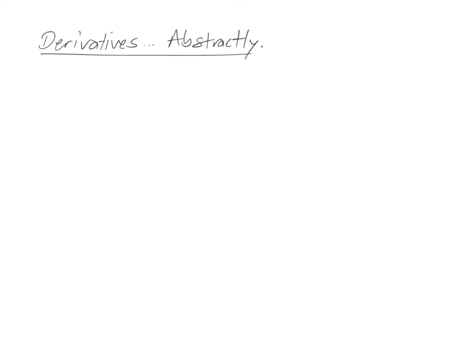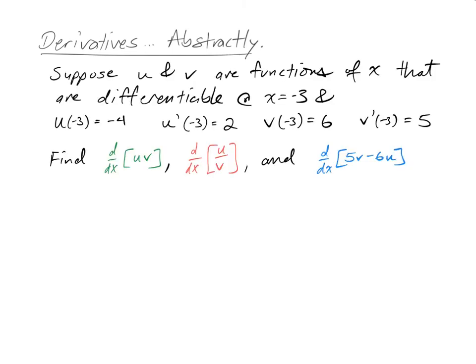So in the previous examples, we've been talking about the product rule, the quotient rule, simplifying things. Cool. Well, now I want to take a step back to see how these derivatives work in a bit of an abstract way. Consider the following information.